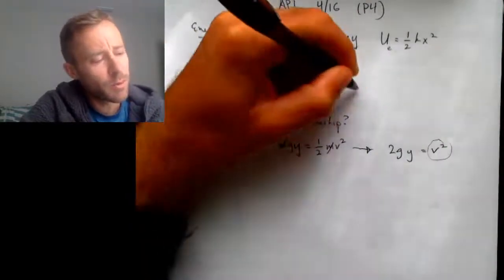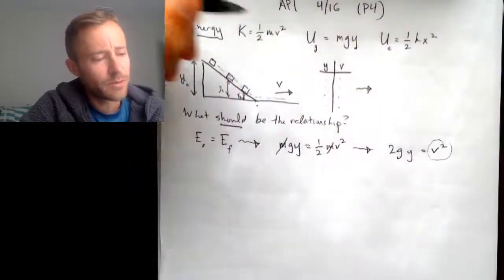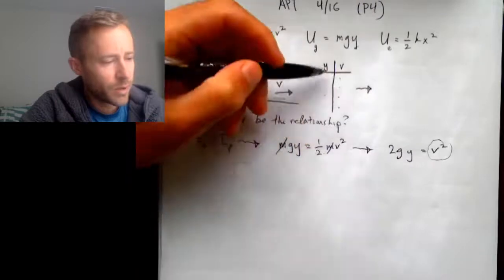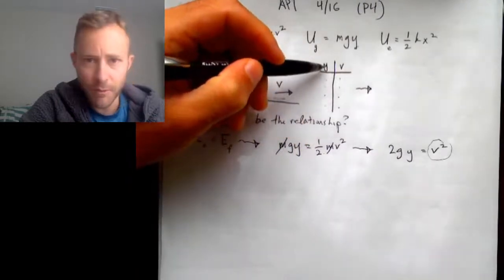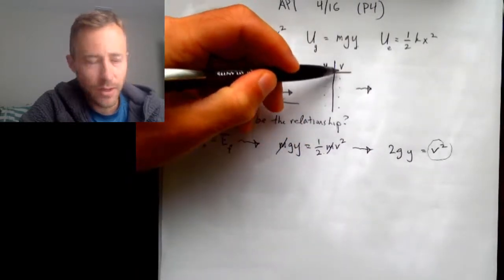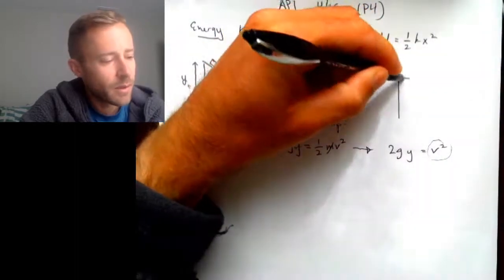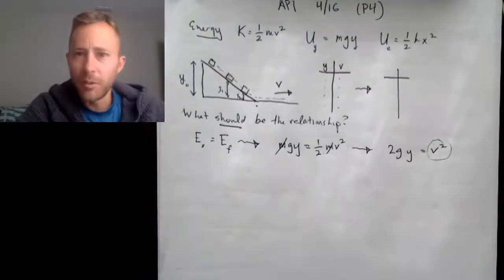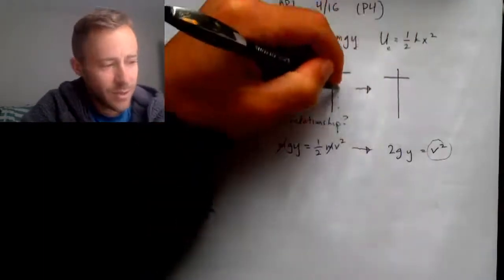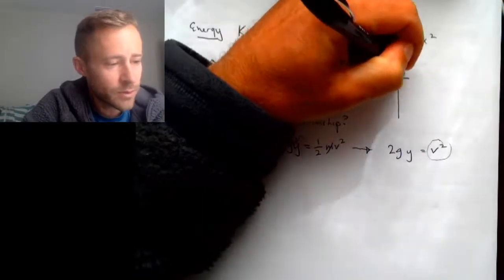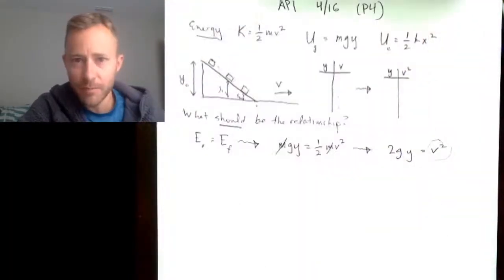So probably what I would want to do if I was analyzing this data is I would want to convert not to a table of y versus v, but instead I would make a data table. I would then take these numbers and square them, so I have a y versus v squared data table.